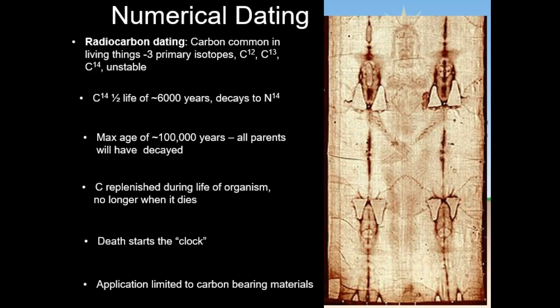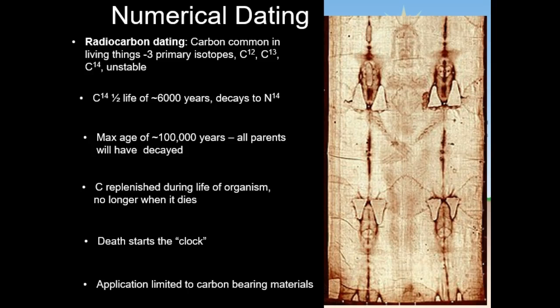You might know about this, but to date more recent events, carbon-14 is typically used. Carbon, as we saw in earlier slides, has three main isotopes: carbon-12 and carbon-13, which are both stable, and carbon-14, which is unstable or radioactive.